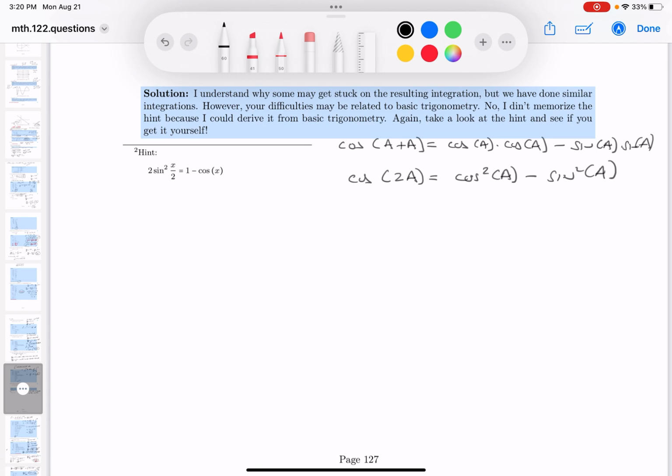So what I want to do is remind you that another identity that you should know is the Pythagorean identity, and that is sine squared of a plus the cosine squared of a is equal to 1. So I could write this thing, cosine of 2a. Well, the cosine squared is really just 1 minus sine squared.